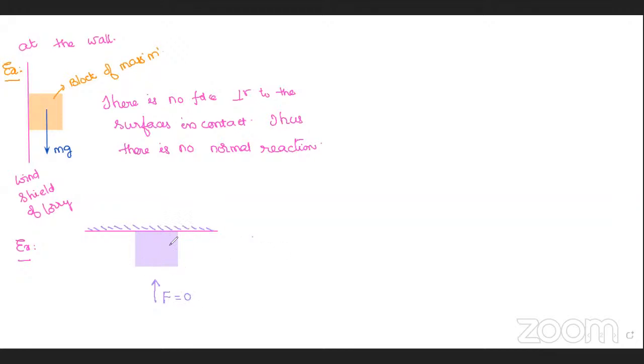Then what will be the normal reaction on the block? That is the question now. Yeah, good, this time responded. It will fall down, correct. What about the normal reaction?